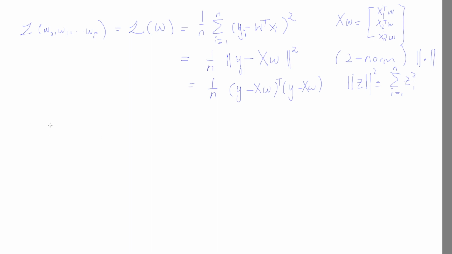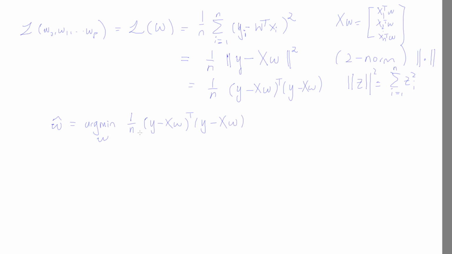Why do I want to talk about this? Well, now I want to find w hat, which is equal to the argmin over w of the loss function, y minus Xw transpose times y minus Xw.